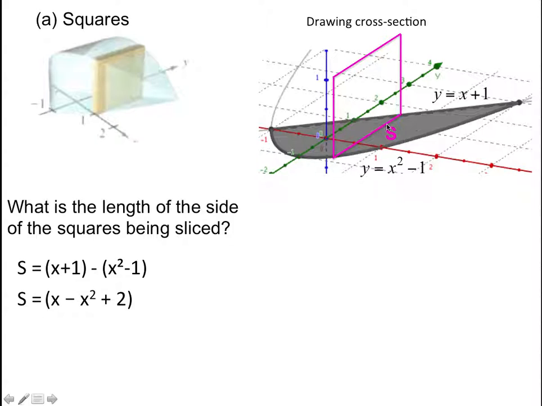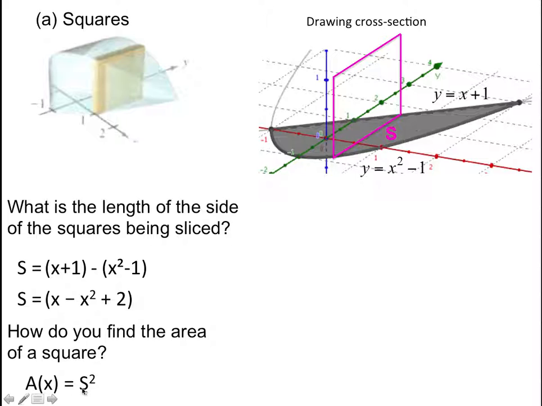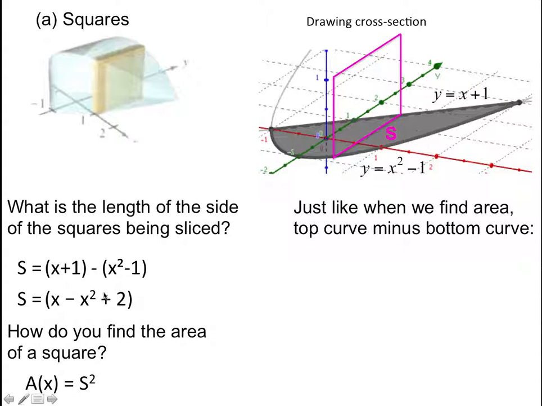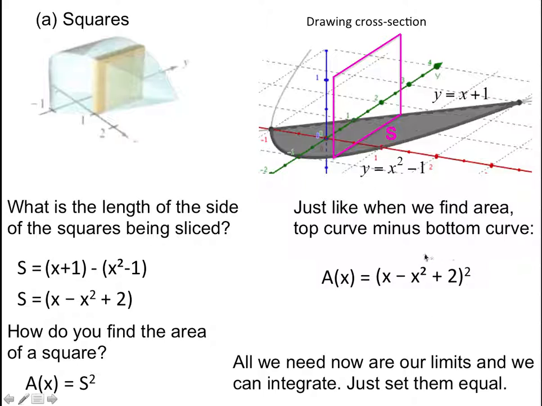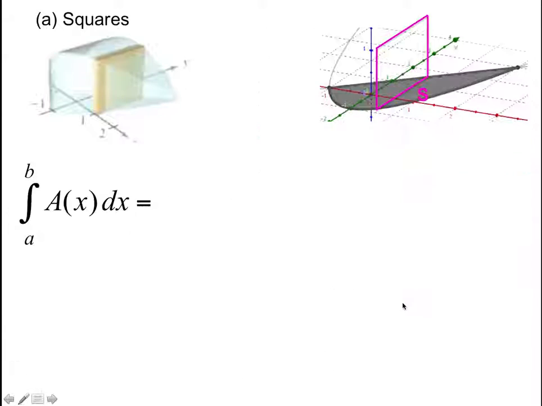So that's one edge. From that, we need to find the area of the square, and we know the area of a square is found by just side squared. So when I square this, we're looking at an area function of this. And I'm not going to FOIL that out or anything. I'm just going to put that into my integration.